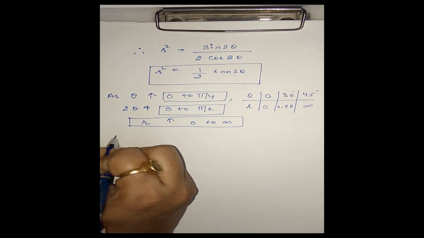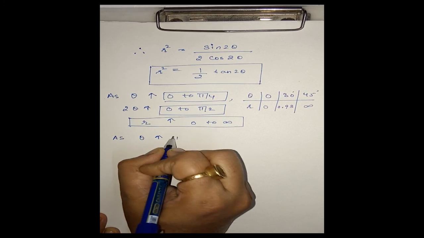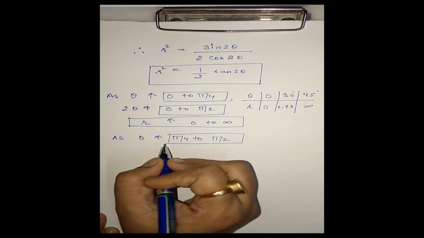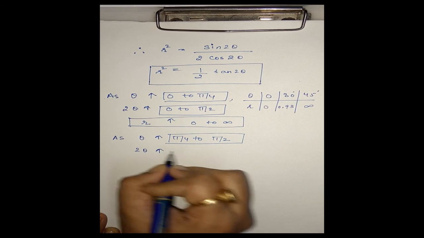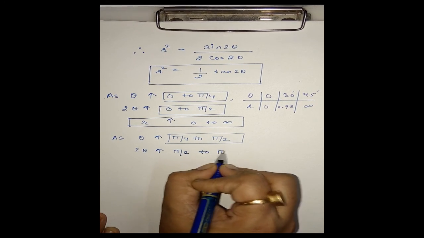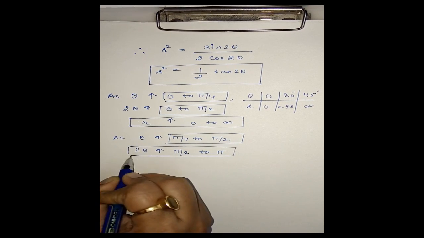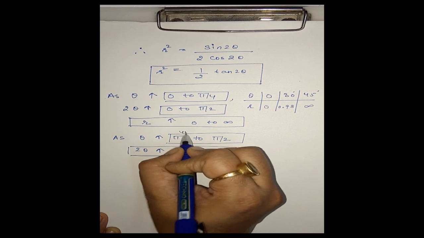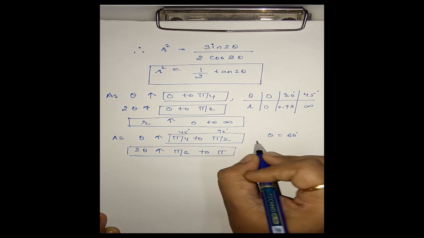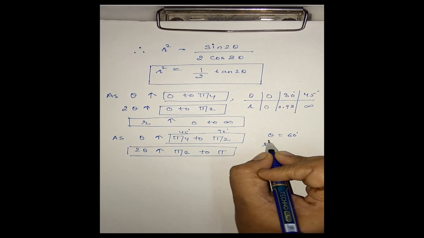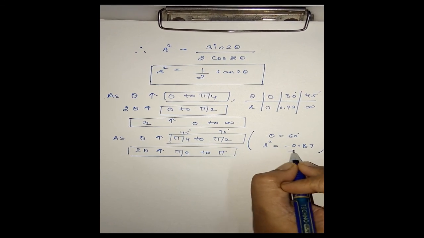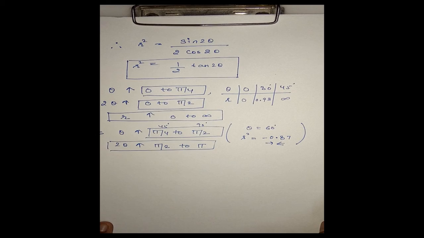Now, as θ increases from π/4 to π/2, 2θ increases from π/2 to π. For example, in the interval 45 to 90, if I take θ to be 60, then r² is equal to −0.87, which is not possible. The value of r² must always be positive.